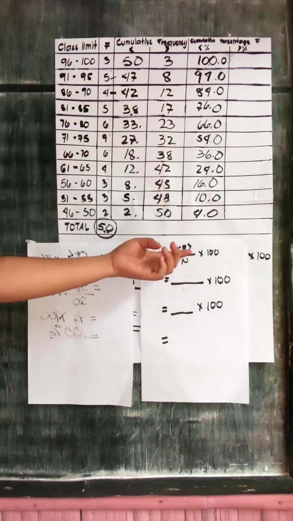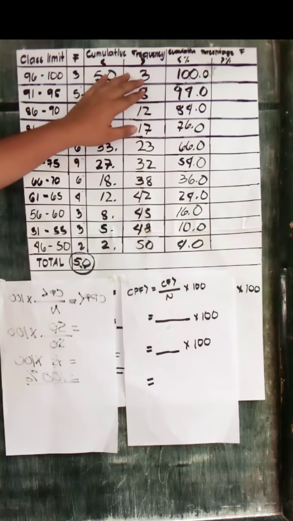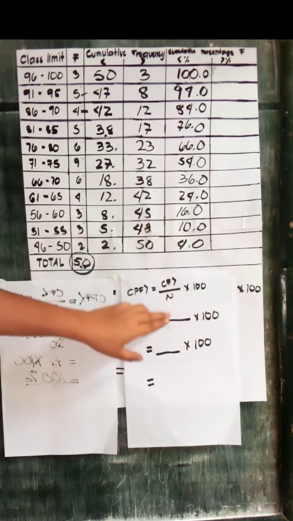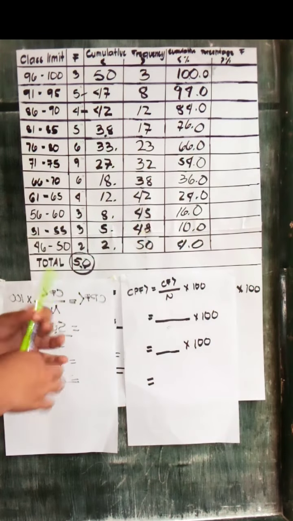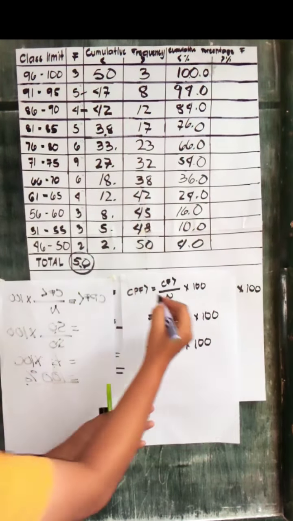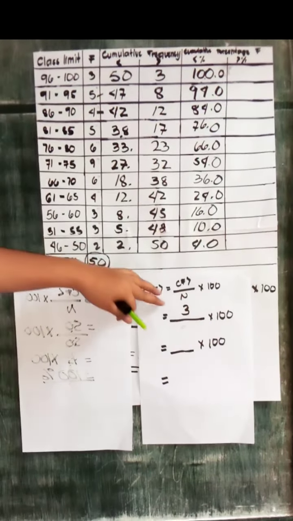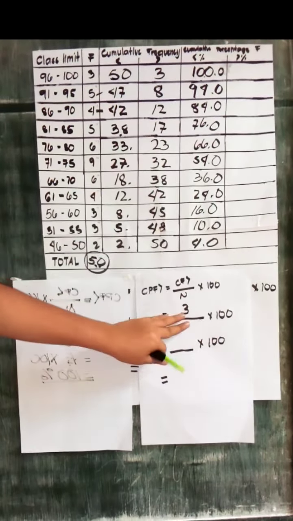In cumulative frequency greater than, we have a number of 3, so we will write 3 here. And we have a number of cases of 50.